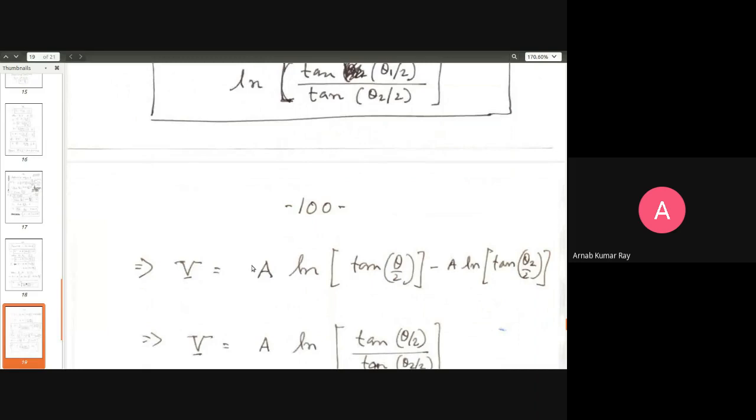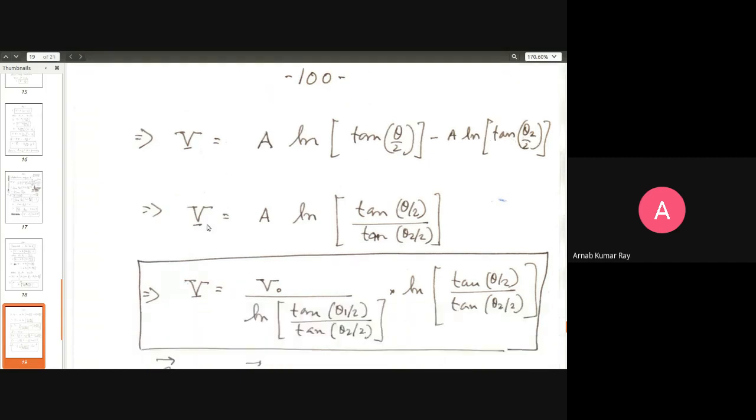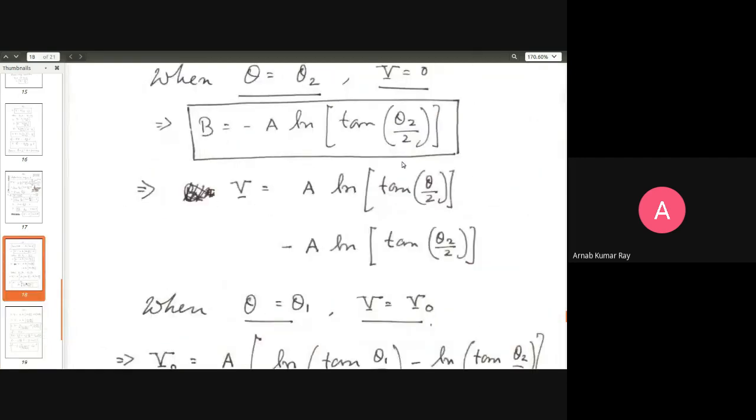Hence, capital V, as we have just seen, is equal to A log tan theta by 2 minus capital A log tan theta 2 by 2. And so V is equal to capital A log of tan theta by 2 divided by tan theta 2 by 2. We are using this formula.